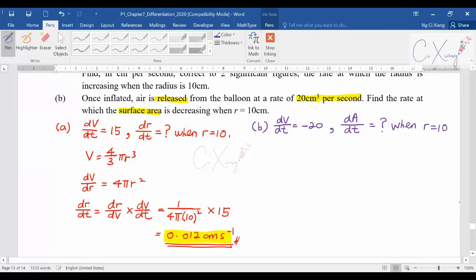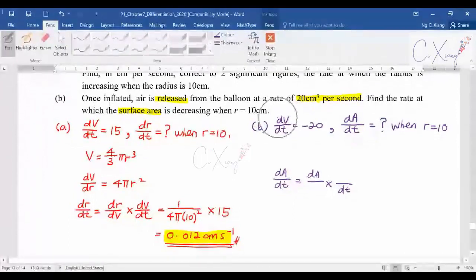This question will be a bit more complicated, so let's have a look first. They want dA over dt, so it will be dA over something multiplied with something over dt. What is the something that I should use in this equation?